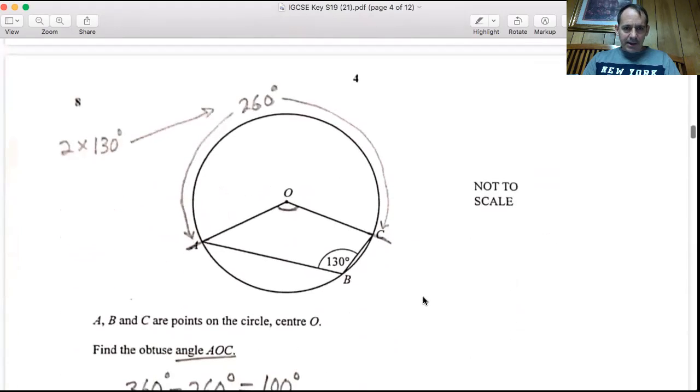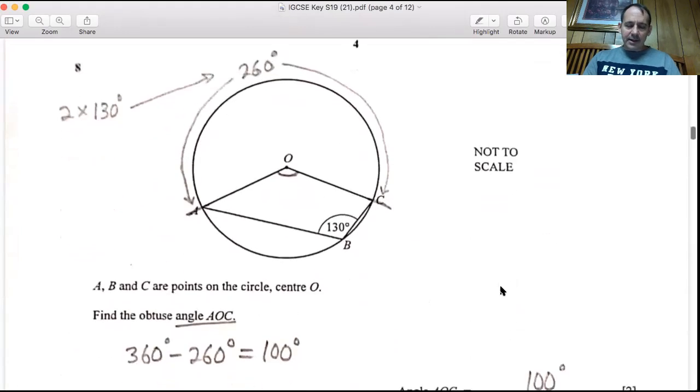Moving on to number 8, here we have a geometric circle type question. And what we need to find is the obtuse angle AOC. So the acute angle is in here. Here's AOC. The acute angle would be in here. The obtuse angle is this one out here.